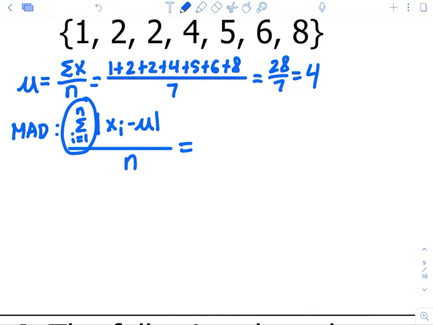We know n is 7, so that means i is going to go all the way from 1 to 7.